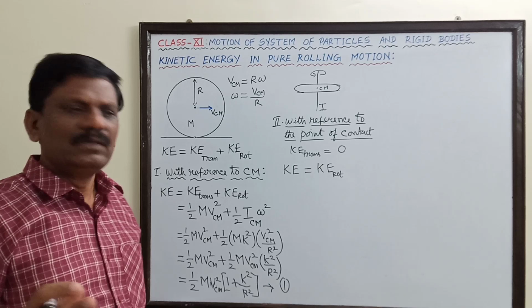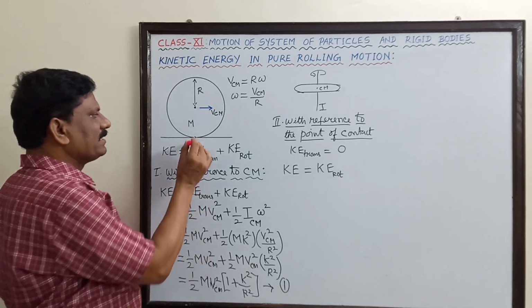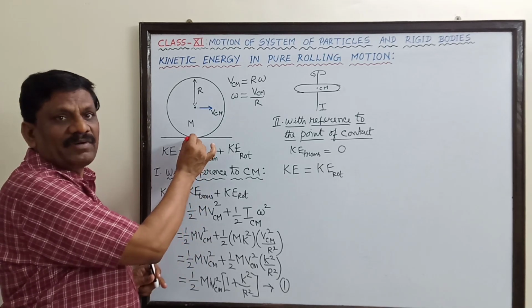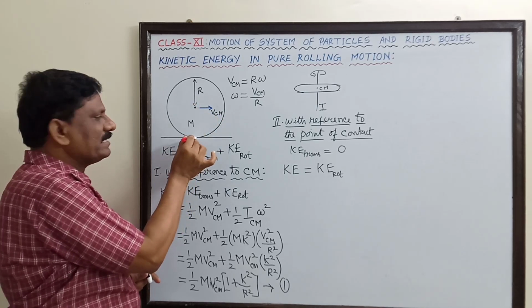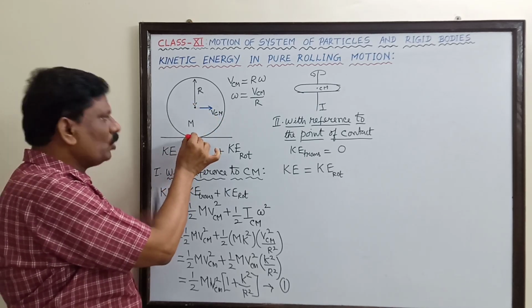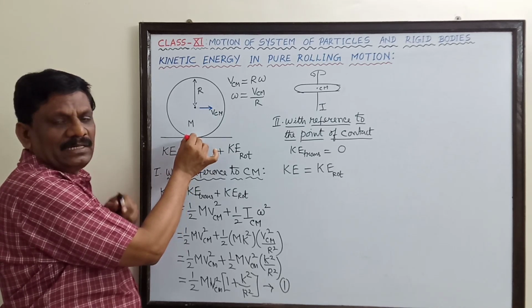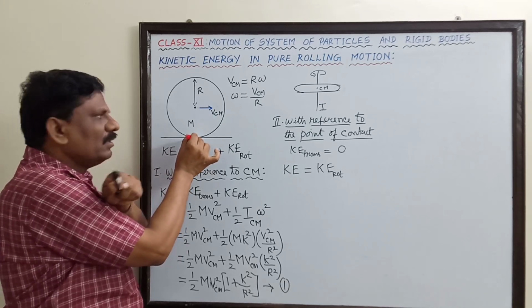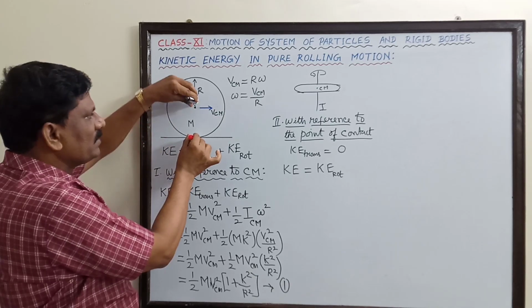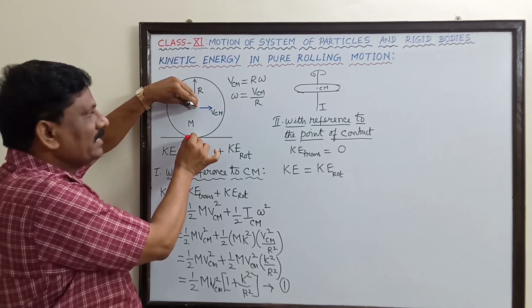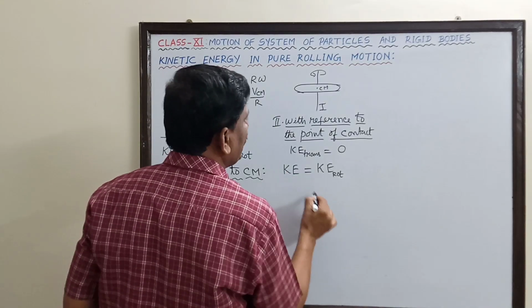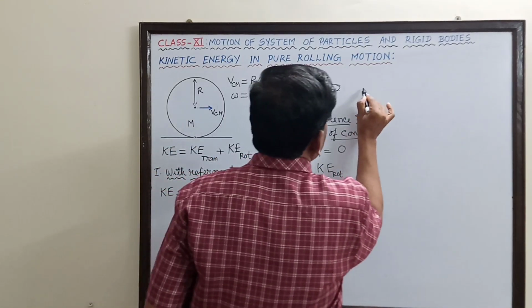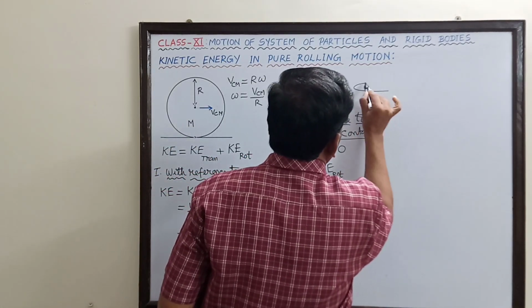Also, rotation about which axis? The axis passing through the point of contact. This time the axis is not passing through the center of mass. We have to consider an axis passing through the point of contact, which is parallel to the other axis passing through the center. Like this we have to imagine. Now the wheel will be like this.